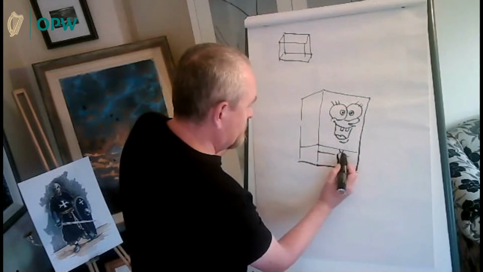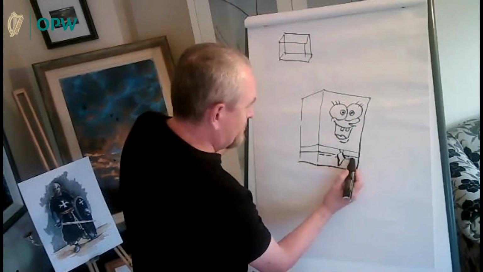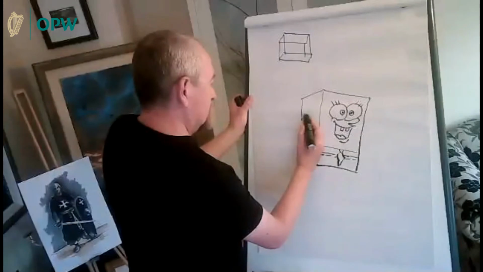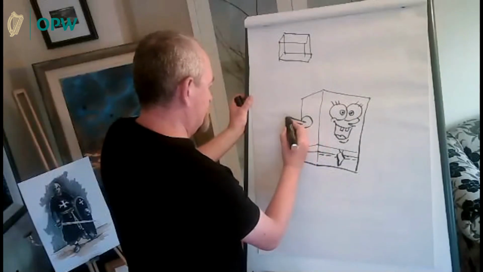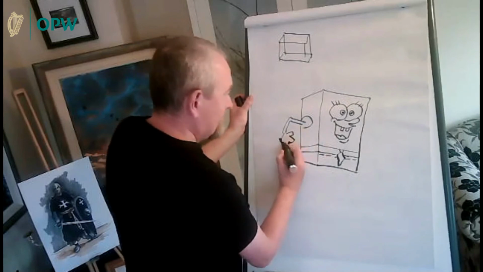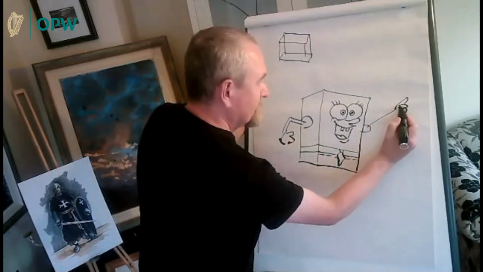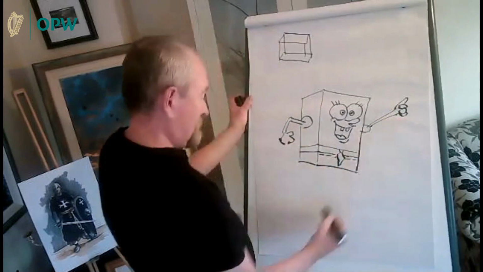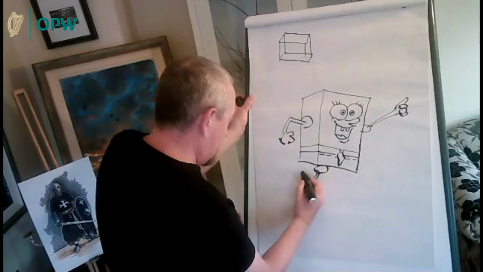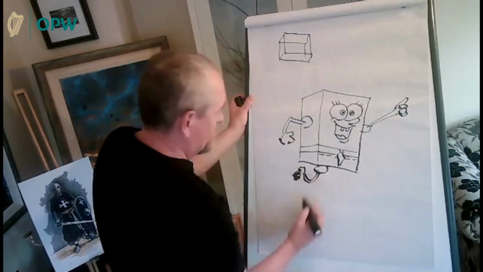And here indeed are his square hands. So, of course, he has arms, as every sponge has. And always enthusiastic, so onwards. And he's running. He has a very nice pair of shoes.